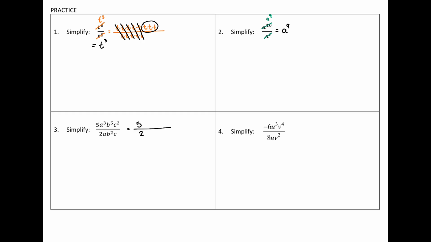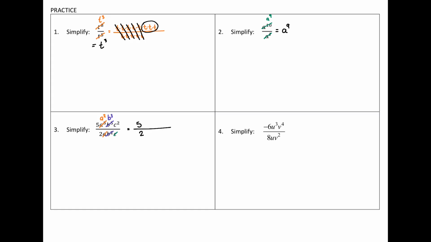Okay. So now I'm going to look at a to the third and a. The 1a on the bottom cancels with 1a on the top. So this 1 cancels with one of those and leaves me with a squared. The b's: these 2 cancel with 2 of those and leave me with b cubed.